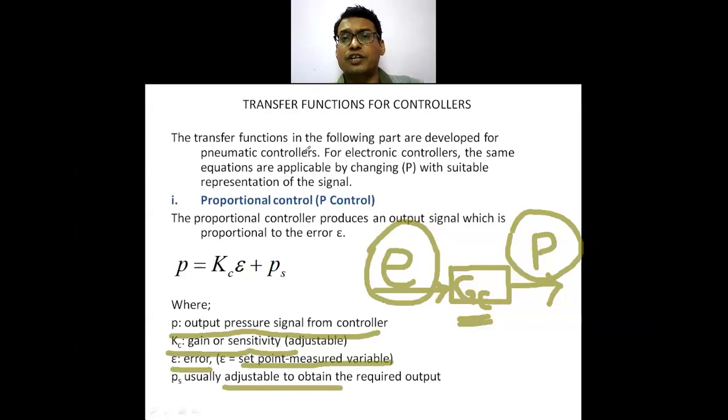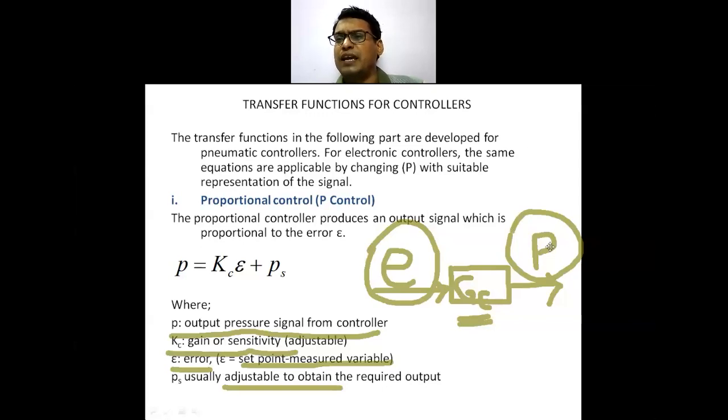So the transfer functions in the following parts are developed for the pneumatic controllers. For electronic controllers, the same equations are applicable by changing the P with a suitable representation of a signal.